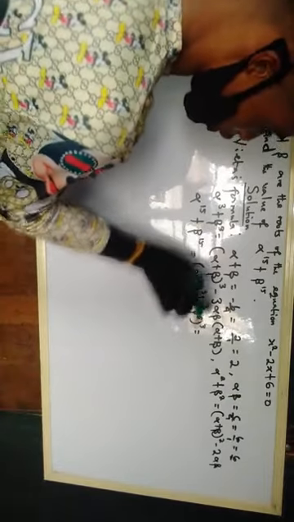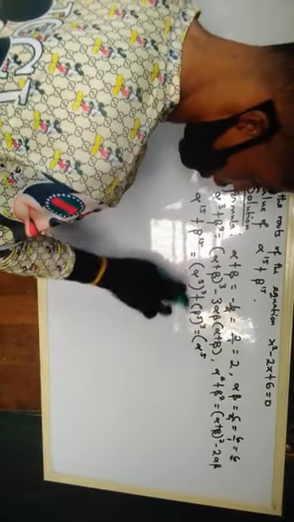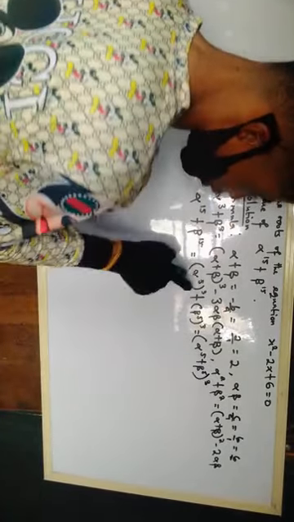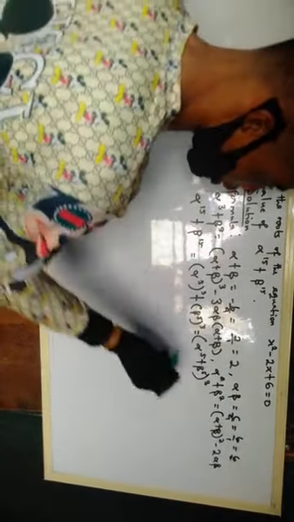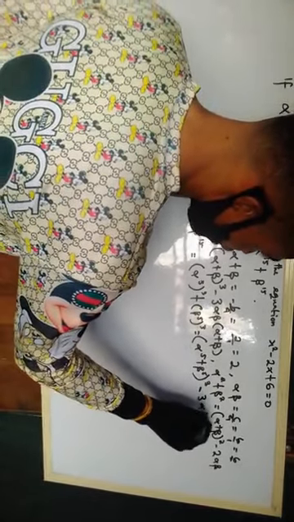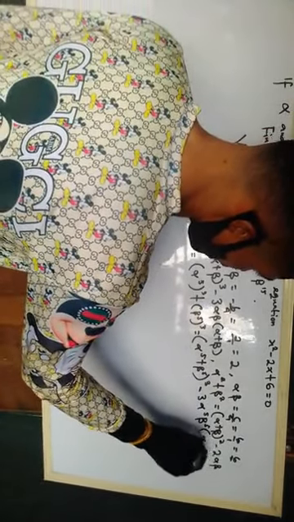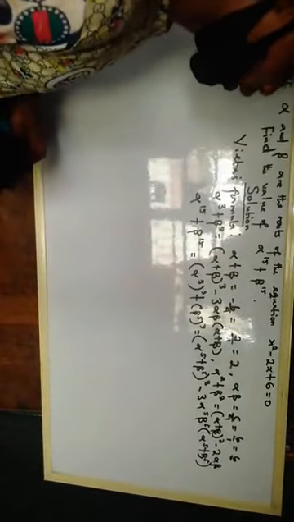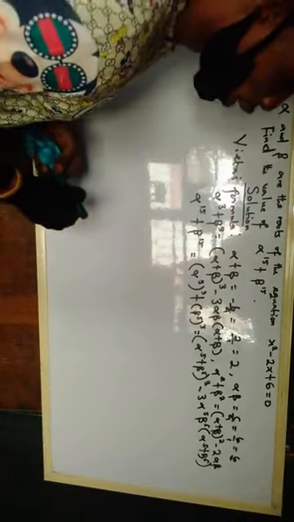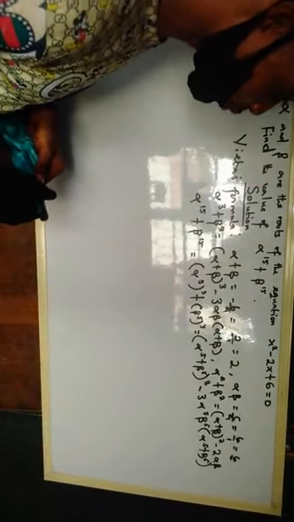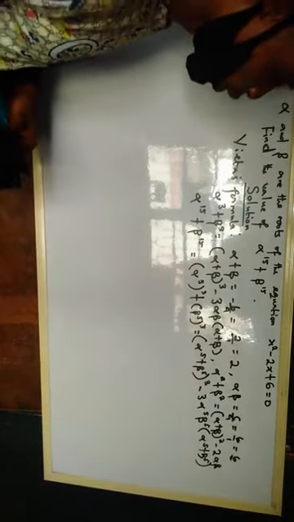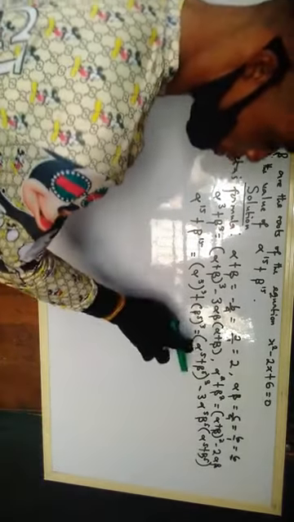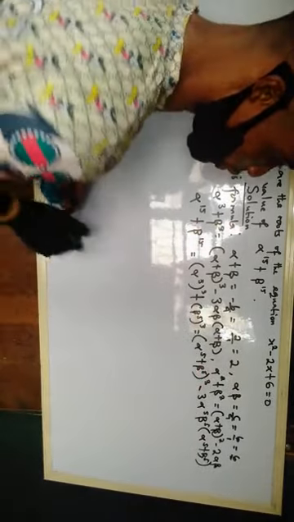Then, using this property here, we have alpha raised to power 5 plus beta raised to power 5, all raised to power 3, minus 3, alpha raised to power 5, beta raised to power 5, open brackets, alpha raised to power 5 plus beta raised to power 5. Very good. Now, from here, we are going to know the value of alpha raised to power 5 plus beta raised to power 5.